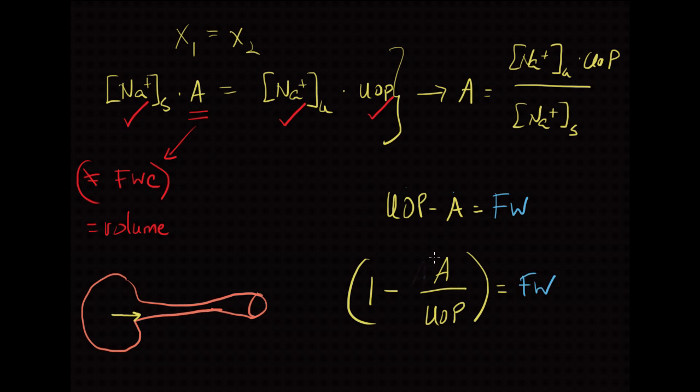And so you can use this percent, 1 minus A divided by urine output, on a daily basis to determine what quantity, what percent of the urine output a patient is making is simply free water.